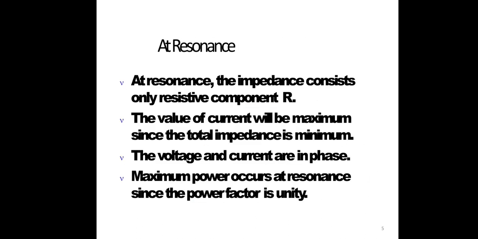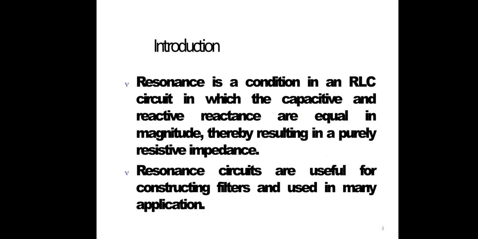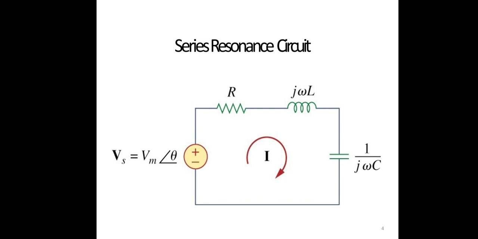Now this is the series resonance circuit. The circuit elements in series resonance are R, L and C. Here we indicate the resistance and reactance components: pure resistance R, and j omega L, which is the reactance of the inductance, including the frequency component, where omega is 2 pi f, the angular frequency.